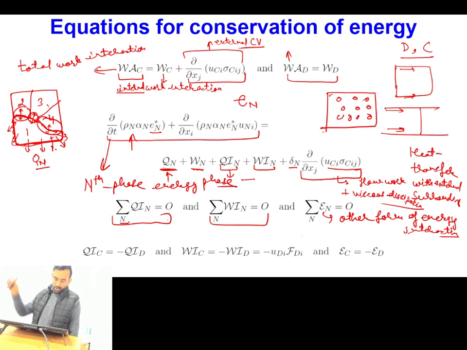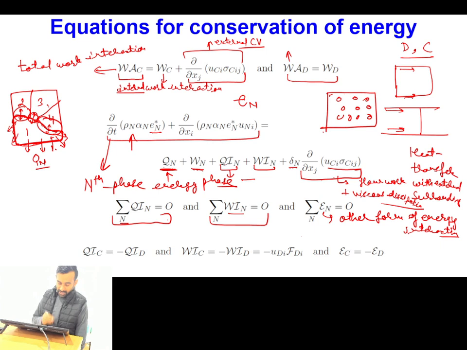So, if for all the phases we take the sum, that will come out to be 0. Likewise, all the internal work interactions also have to be equal to 0. And epsilon n, we are writing that if there is any other form of energy transfer between the phases within the control volume, which is other than heat and work transfer, that will also be equal to 0.